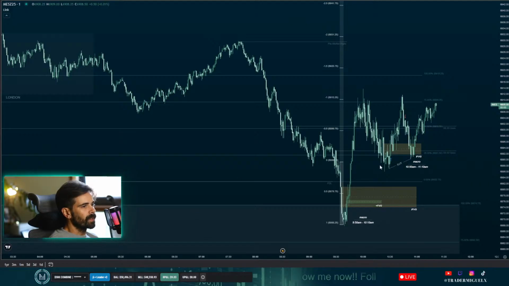Very slow. The market is behaving in a very slow way. Not clean. Not giving us that speed that we want. And yeah, it's kind of frustrating to work in an environment like this. The only thing that was great was this move to the upside, honestly.